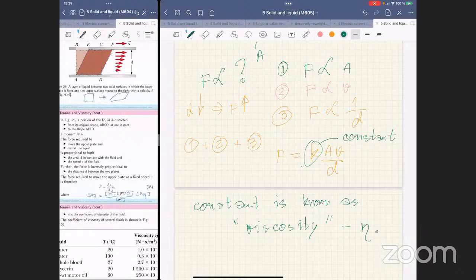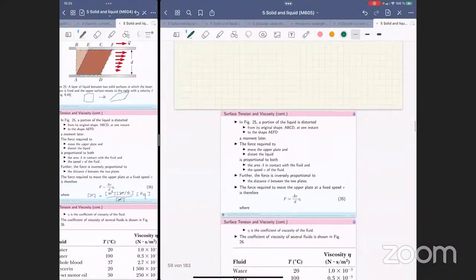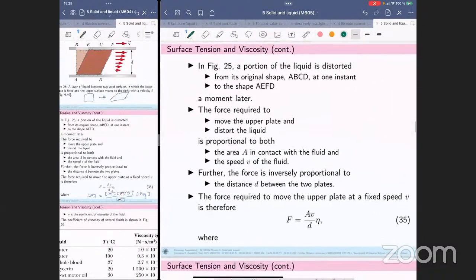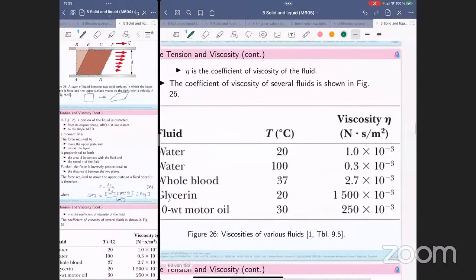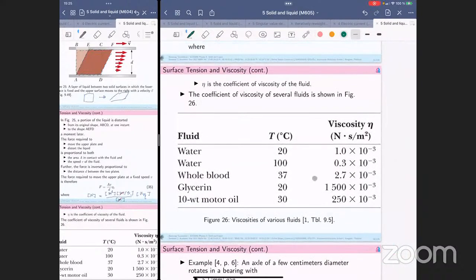It's eta, with a long tail here. All right, that's the viscosity. Now, this is what I have already explained. Let's take a look at this viscosity in reality.